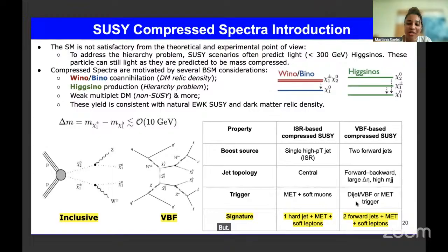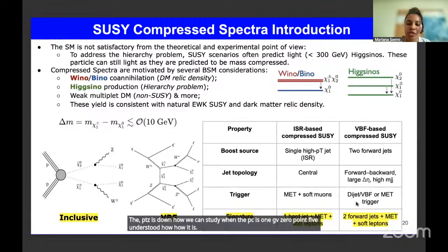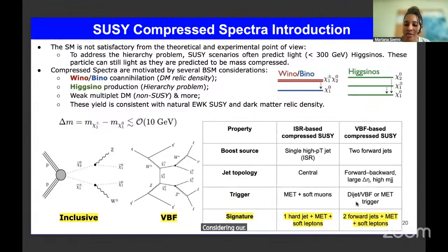But the main idea here is to give the electrons the opportunity to be more free and understand how we can go further down in PT, how we can study when the PT is 1 GeV, 0.5 GeV, understand what the challenges are, considering our resolution and how the detector behaves when it goes down, and understand how to deal with these electrons.